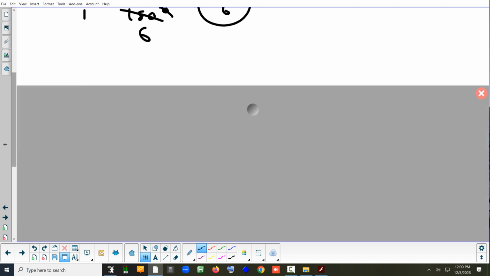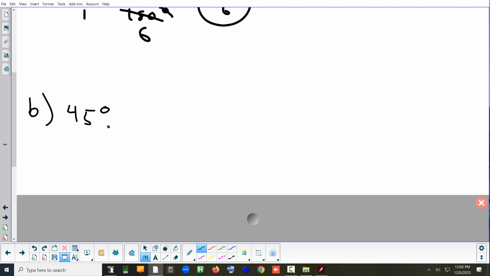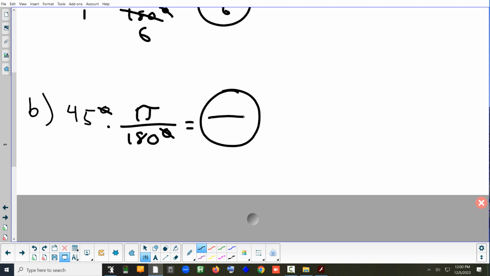We'll do one more. How about this one? I want to convert to radians. So where do you want degrees to go? Pi over 180. Degrees in the bottom, so it cancels out. Put the 180 in the bottom, put the pi in the top, and if you reduce that as much as you can, what do you get?